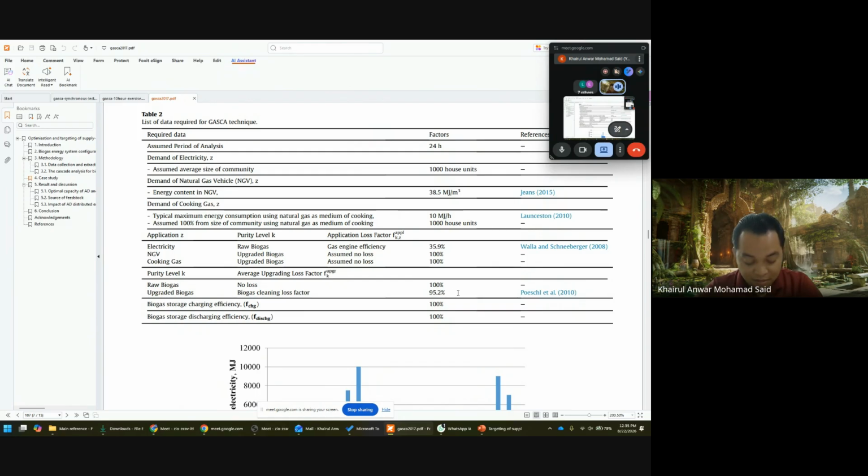Don't forget to divide by 100. So that's all for FP and FP row.